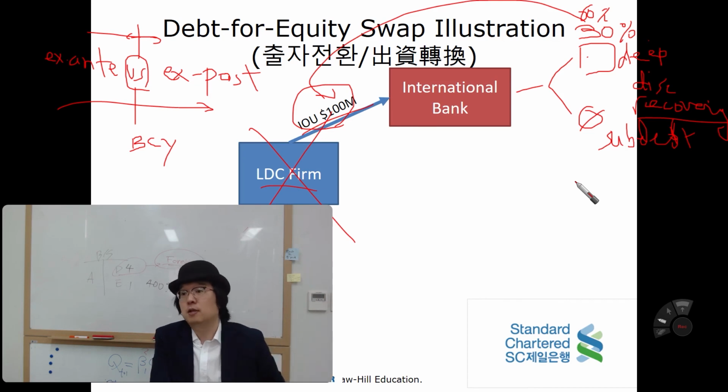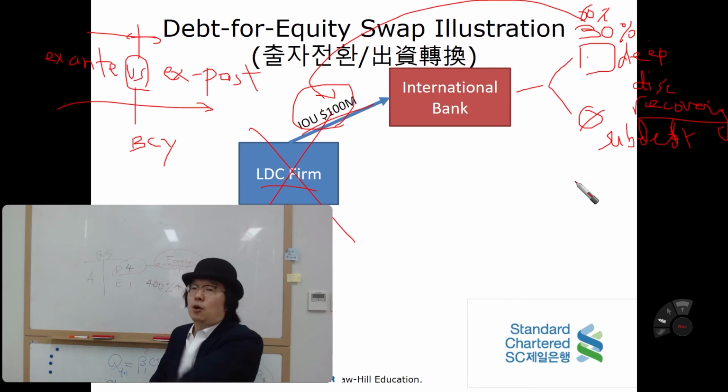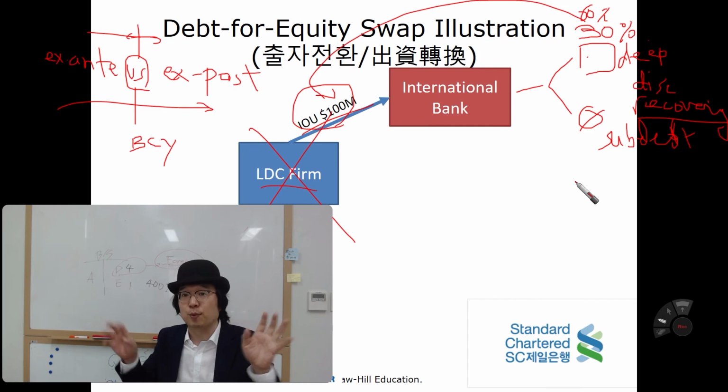Because they did not repay the bank, the bankers become the shareholders in that emergent situation, and then this bank sells it off to private equity. There are special functions in the banks that specialize in this kind of situation. We call it the special asset group or distressed asset group. Many of the major banks have this kind of function.